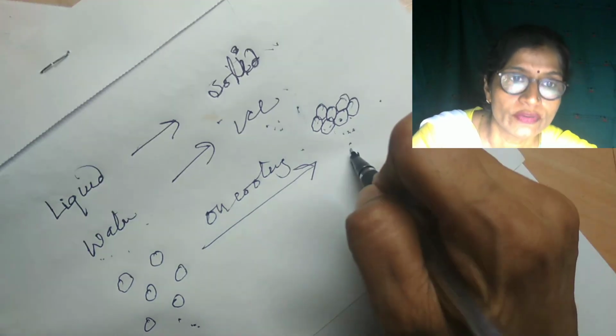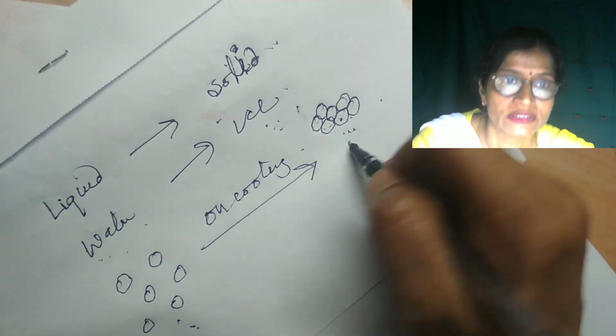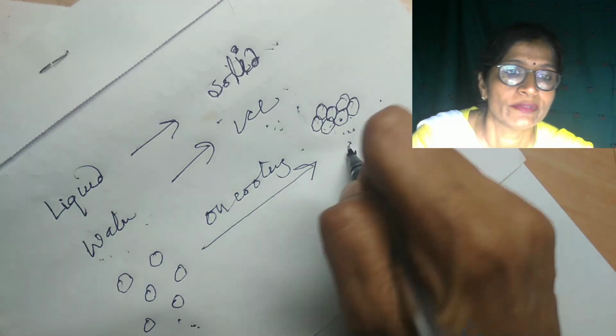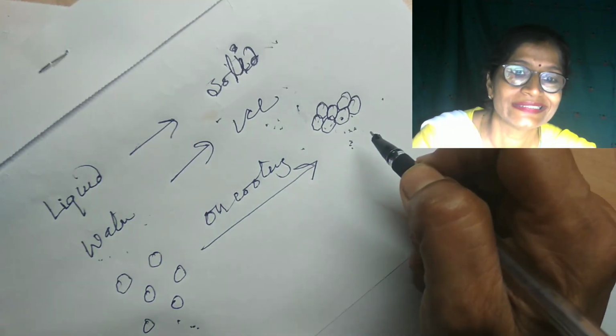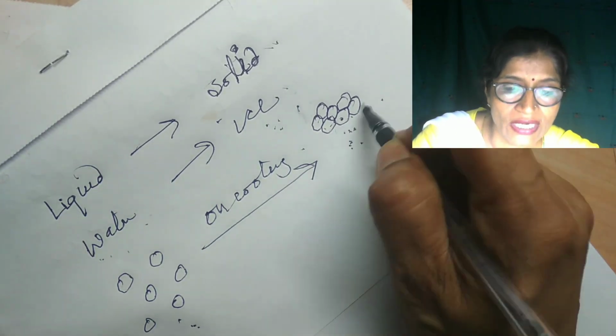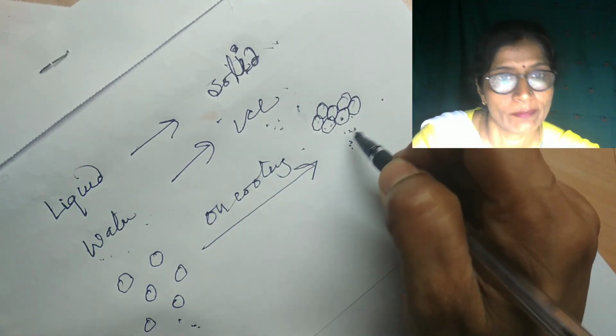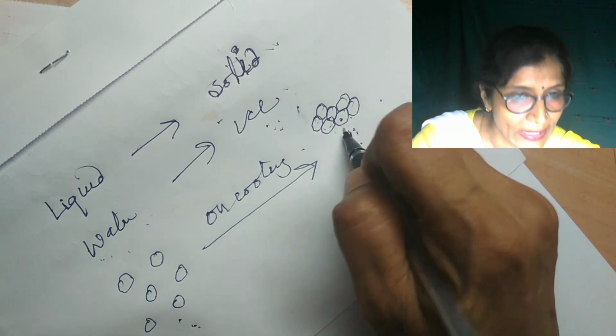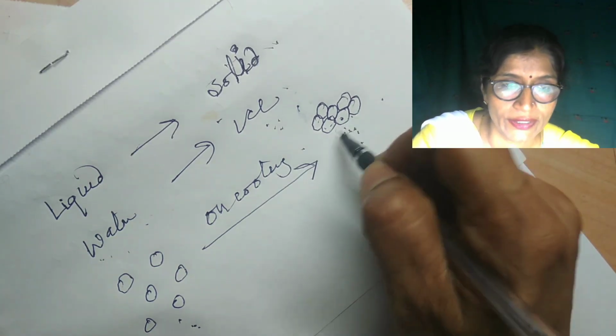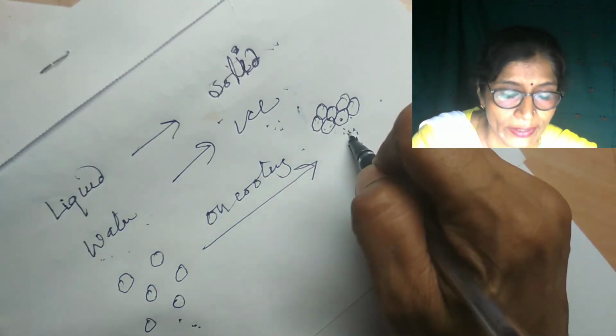When the intermolecular force of attraction between the particles increases, then what will happen? The movement of the particles gets restricted, and they start vibrating about their mean position with lower amplitude.